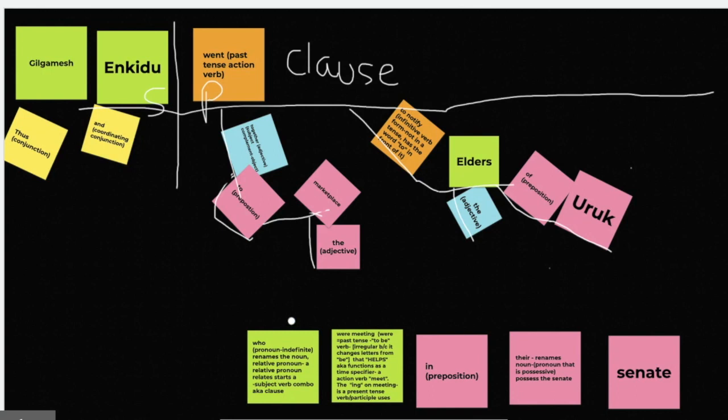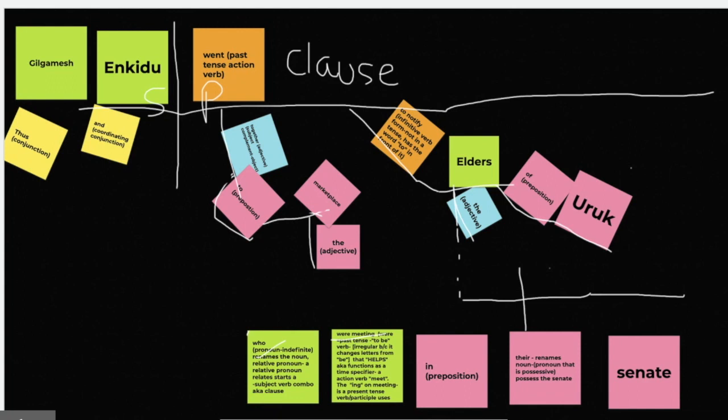Let's take a minute to look at this dependent clause because this is also a clause here, okay? It says "who," and it says "were meeting." So the next thing you know, we start seeing that we have a subject-predicate combination here, but it's not the main clause of the sentence. Clause means subject-predicate combination, so don't get tripped up on that word. All right, this is actually modifying the elders. So we can pull out this dotted line here to show that we have another clause that modifies the elders.